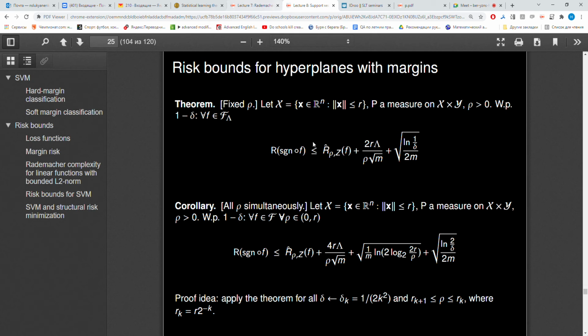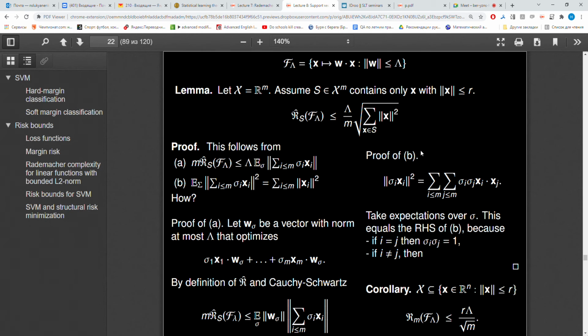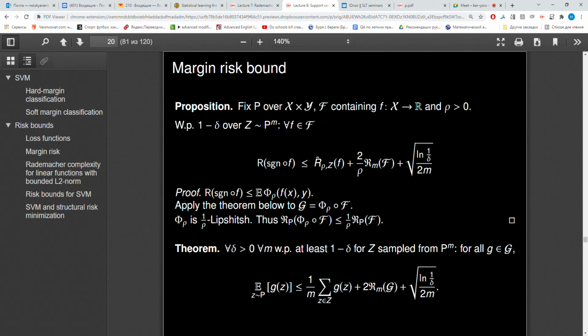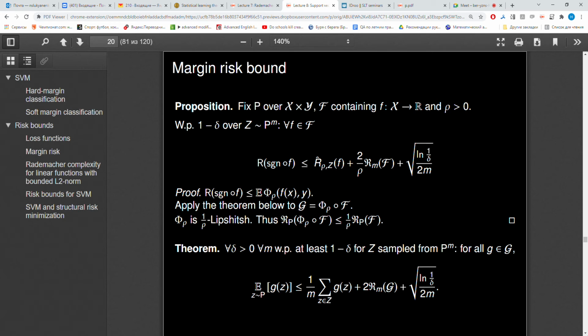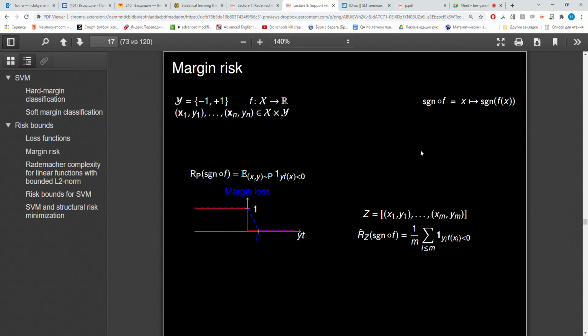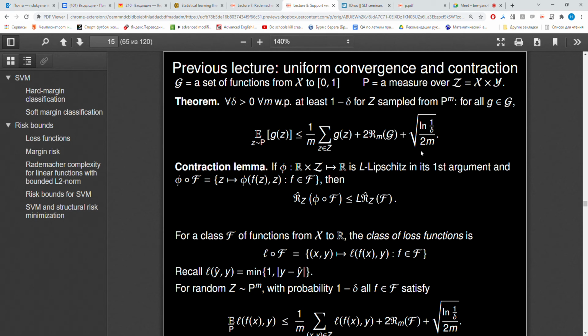Look, what do we know about the risk? You can see that here we have an inequality for the risk where we applied some signum function. But right now we're interested in the pure risk. Let's remember how we define the risk. Please help me to find it.